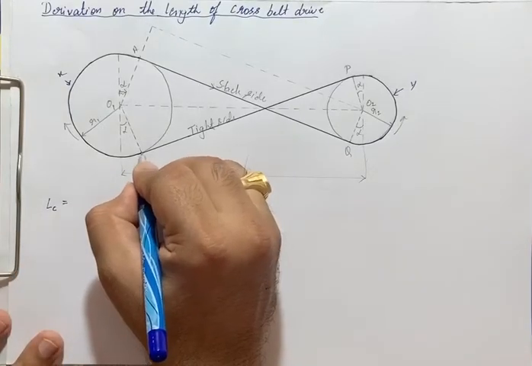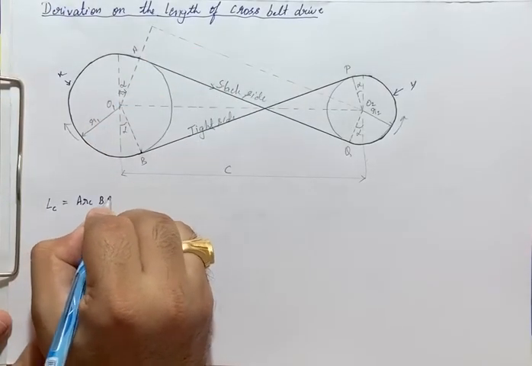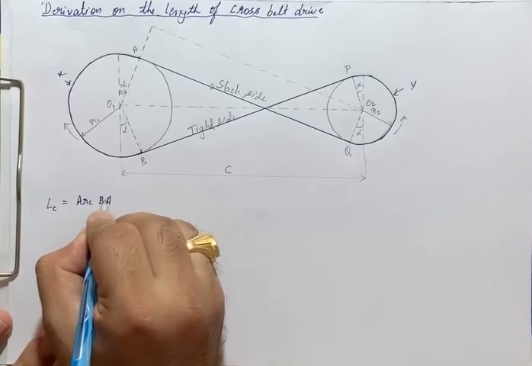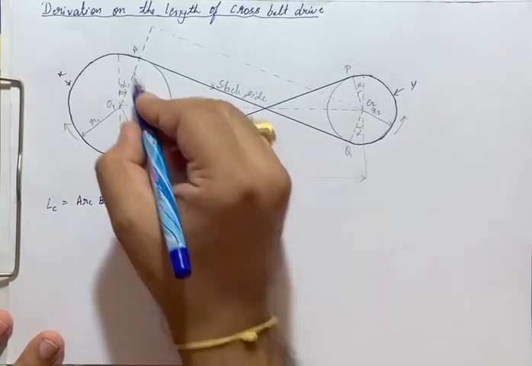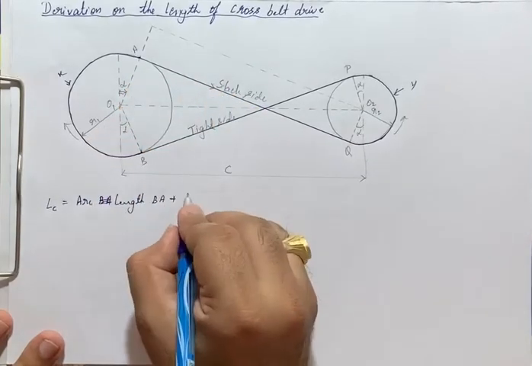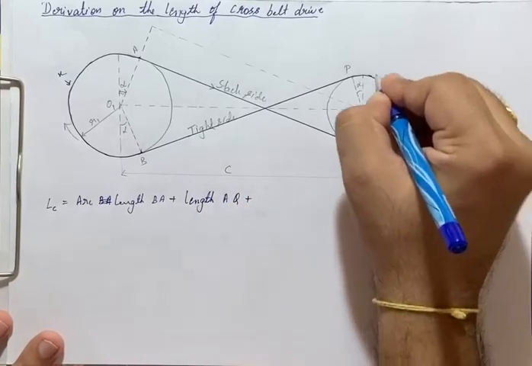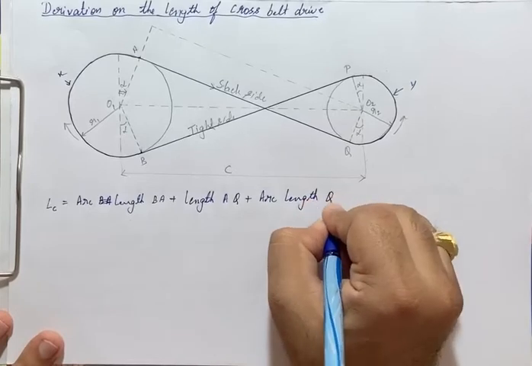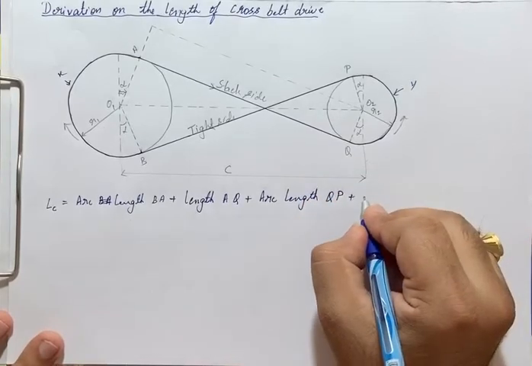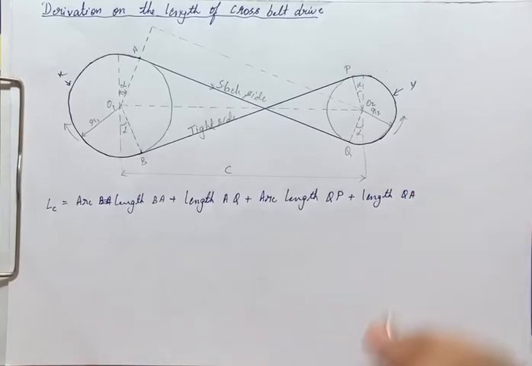I will start from this point: arc BA, plus length AQ, plus arc length QP, plus length QA. This is the length of a cross belt drive.